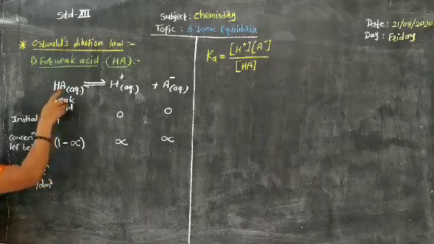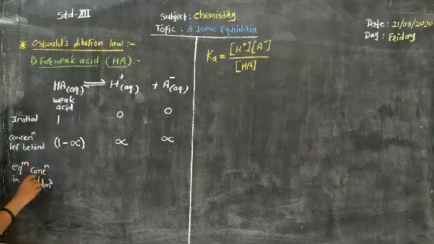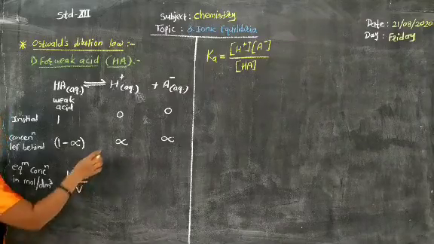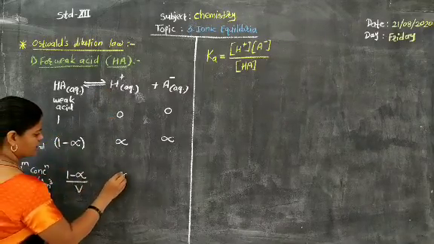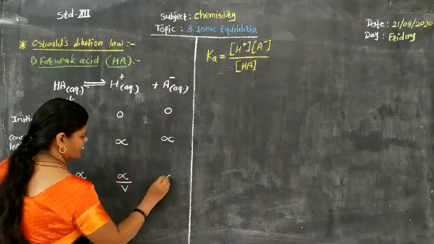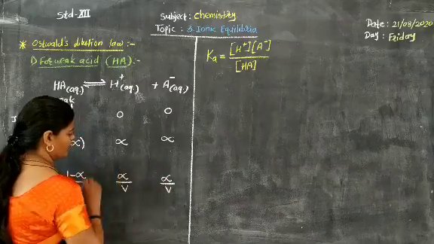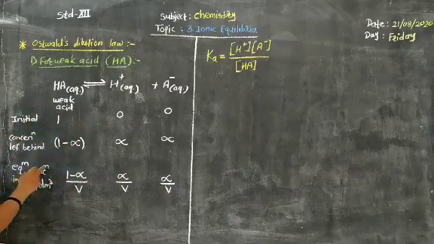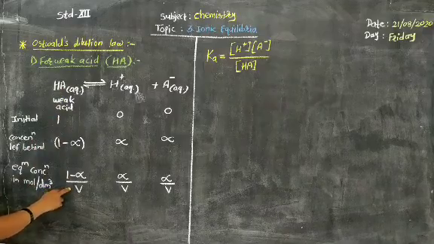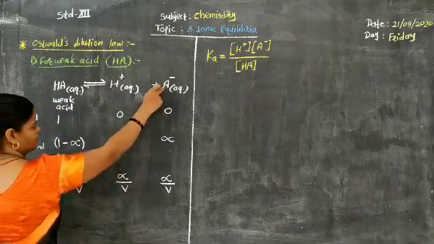Therefore, HA will remain at equilibrium as 1 minus alpha upon V. For H plus ion concentration, it is equal to alpha upon V, and for A minus ion concentration, it is equal to alpha upon V. These are the equilibrium concentrations in mole per dm cube respectively for weak acid HA, H plus ion and A minus ion.